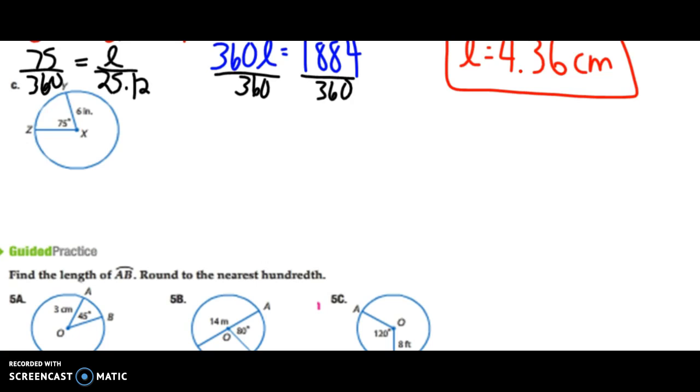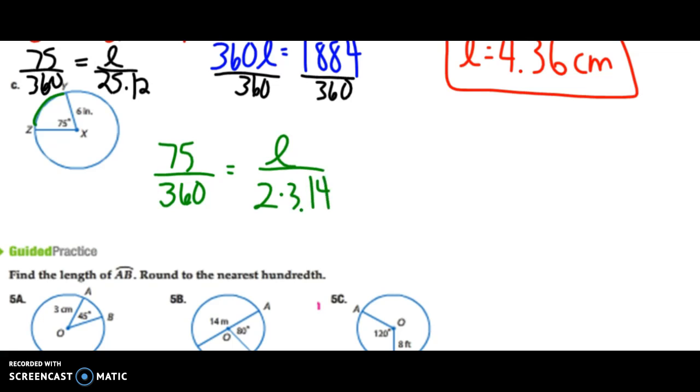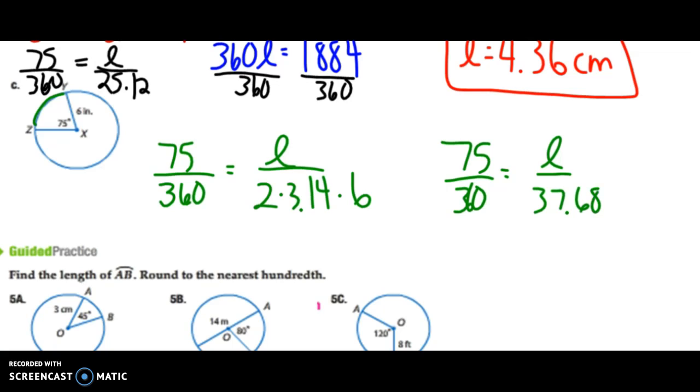Last one, example C. I'm looking for this arc length right here. So I'd say 75 over 360 is equal to L over 2 times 3.14 times 6. And so I get 75 over 360 is equal to L over 37.68, since 2 times 3.14 times 6 is 37.68.